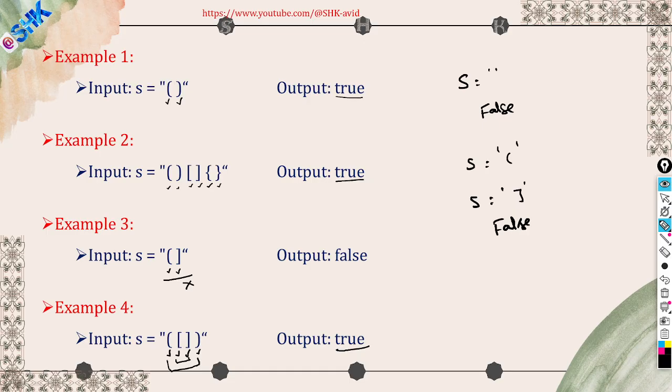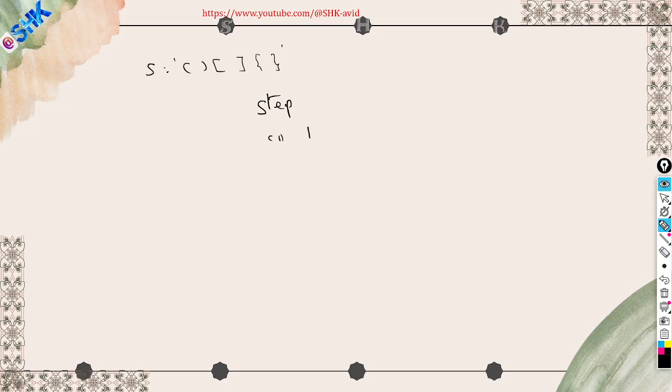Now we will see the example with respect to example 2 as well as example 4. The steps we are following: in step 1, we will read elements of the given input S. Then we will check if it is an open type brace, then move it to the stack, that is, append to the stack.